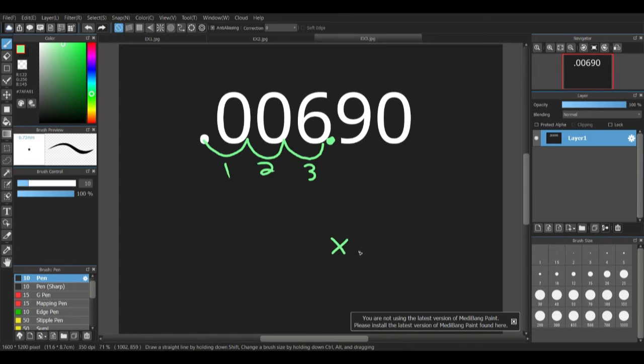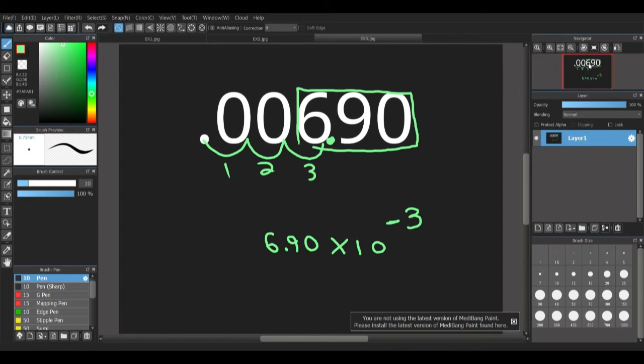Now, once again, since we moved the decimal to the right, this is going to be 10 to the negative third. And now our coefficient isn't going to be the 6.9, but the 6.90, because this number as a whole has 3 significant figures, so our coefficient must have 3 significant figures. And our solution here will be 6.90 times 10 to the negative third.